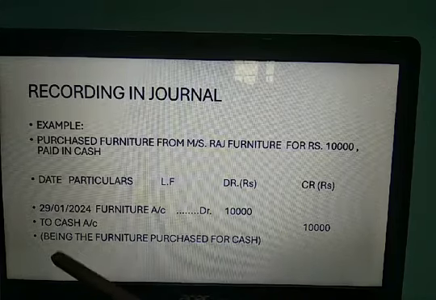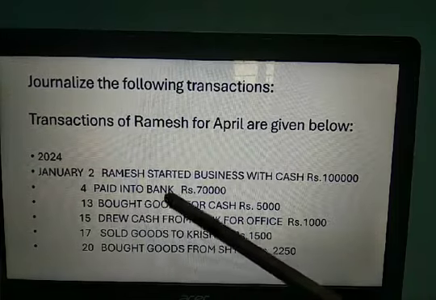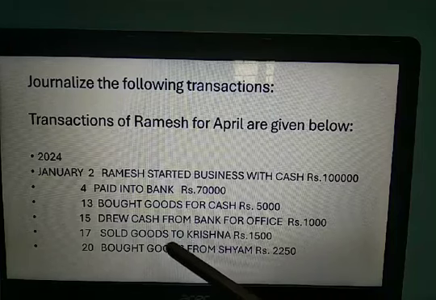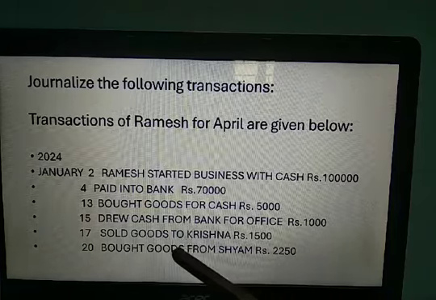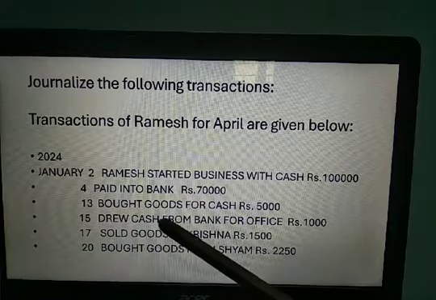Ramesh started business with cash 10,000, paid into bank, meaning deposited into bank, 7,000, bought goods for cash 5,000, drew cash from bank for office purpose, meaning you are withdrawing some amount from the bank. Then sold goods to Krishna for rupees 15,000, bought goods from Sam 2,250. So these are the 6 transactions given to you.